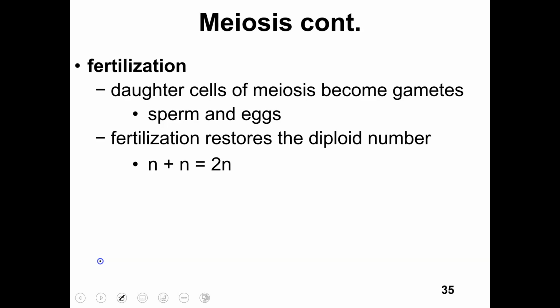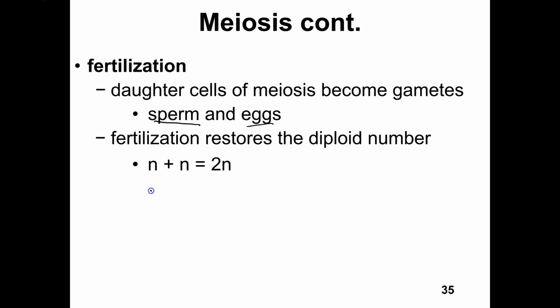So we're going to get right into what happens in meiosis and how it brings about unique characteristics. Fertilization occurs when sperm and egg come together. So you take two sex cells, one sperm and one egg, and you produce an offspring that has the full number of chromosomes but has unique characteristics from both parents.